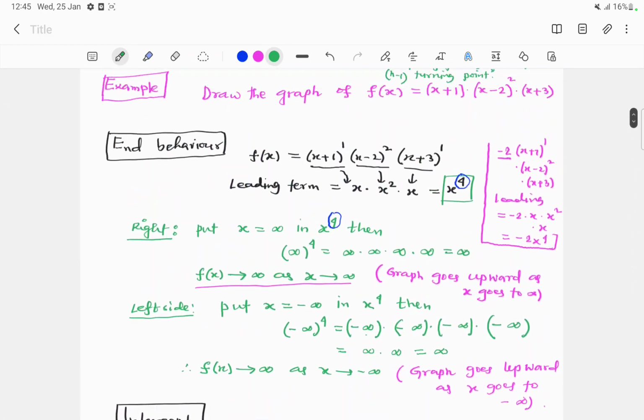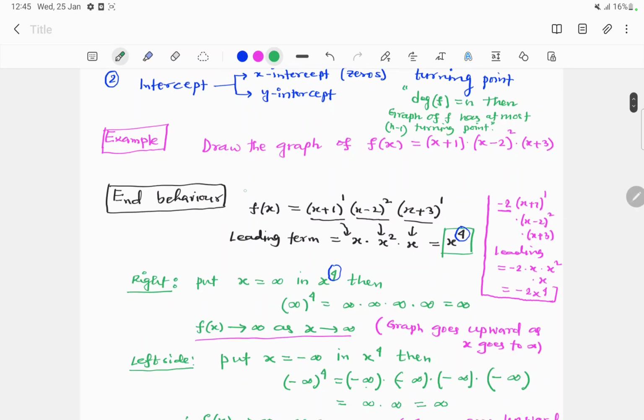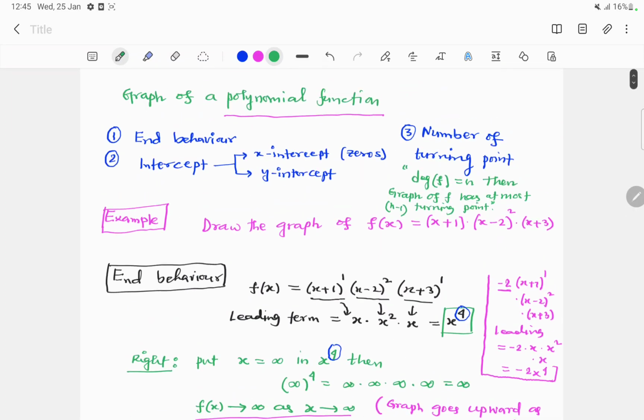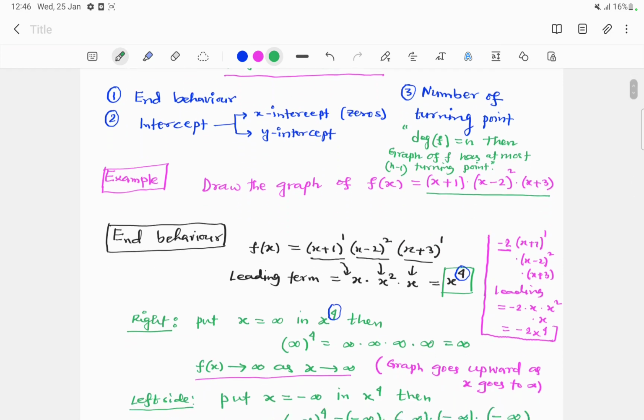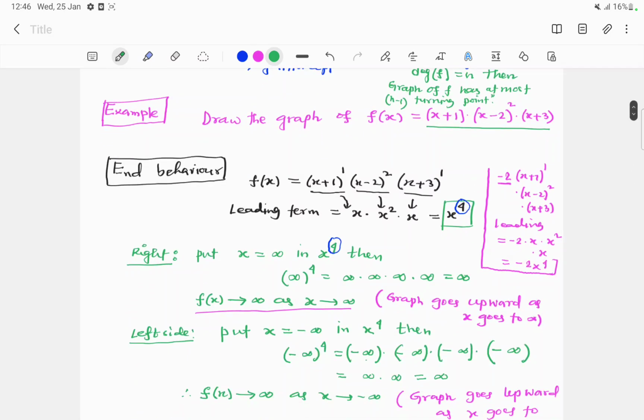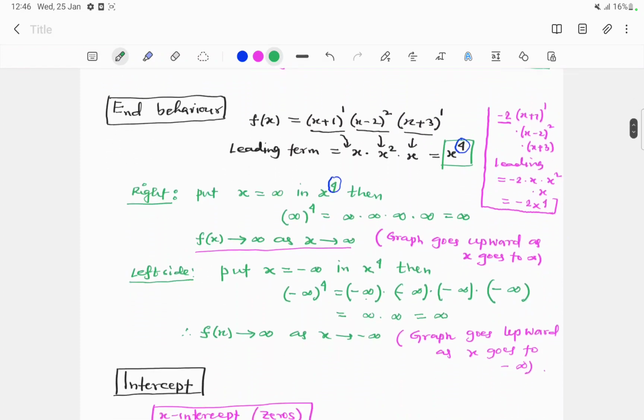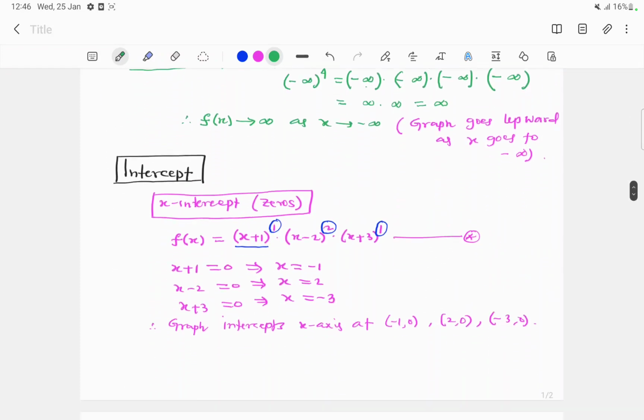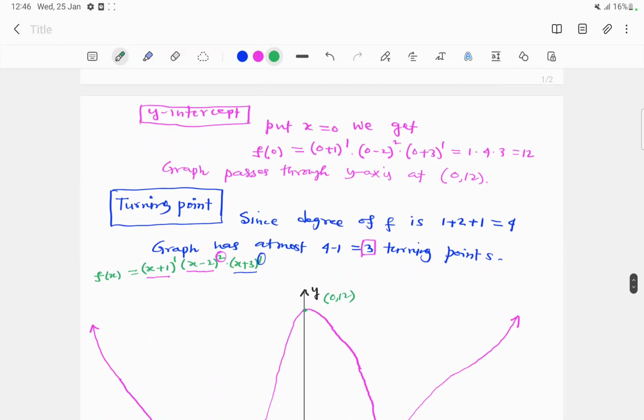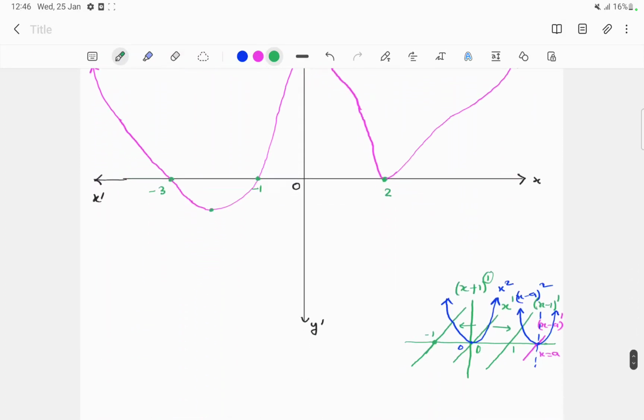What we have done here: if you have the polynomial f(x), since the polynomial was given in factor form, first you have to factor it. Once you know the factors, you go to the end behavior, right and left, then the x-intercepts, the y-intercept, and the turning points, how many it can have at maximum.